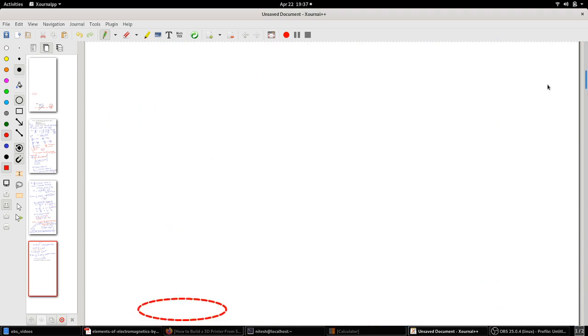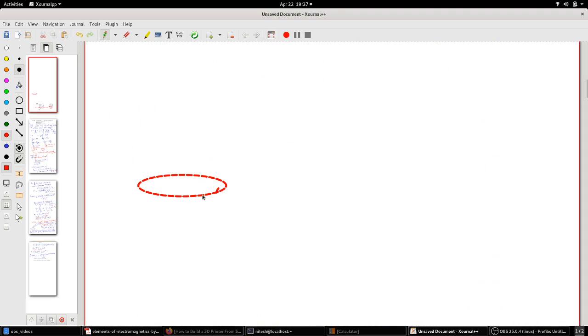Another thing which we always see is, let's say there is a current loop and it's carrying some current, let's say in the counterclockwise direction.